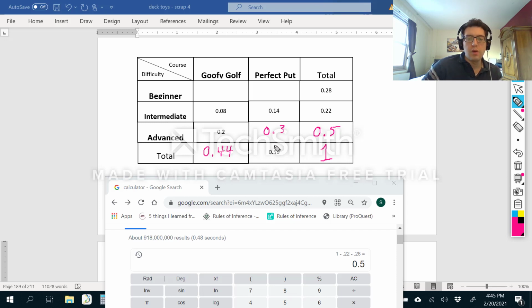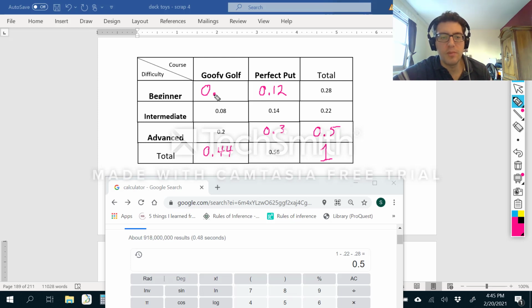So to do this one, we would do 0.56 minus 0.3, which would be 0.26, and then minus 0.14, which would be 0.12. Okay, let's see, and 0.28 minus 0.12 would be 0.16.